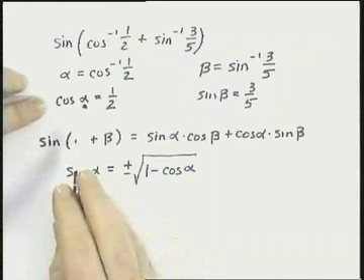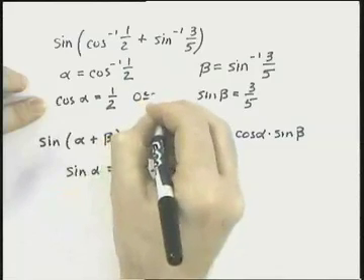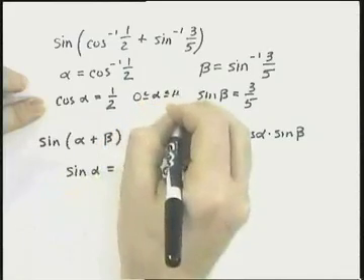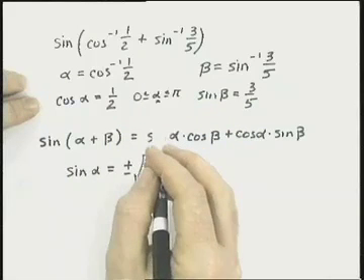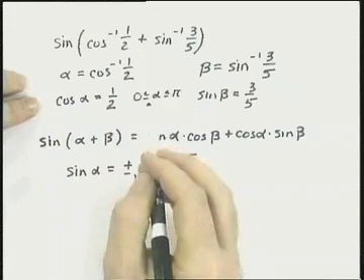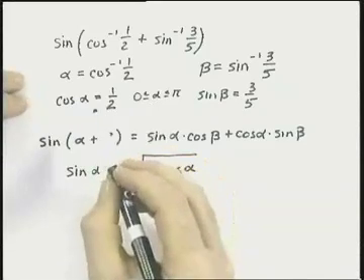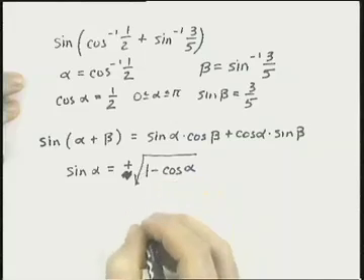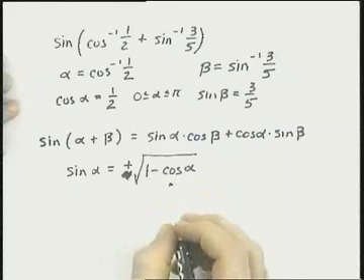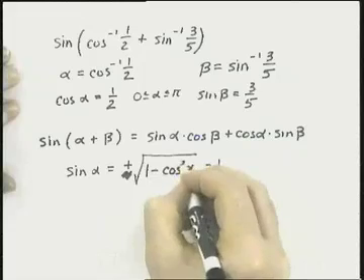When we made our domain restriction on the cosine function, we would say that alpha must be somewhere between 0 and pi inclusive. That is, alpha is either in the first quadrant or in the second quadrant. Because the cosine function is positive, we know alpha is in the first quadrant, and therefore I'm going to take the positive square root of 1 minus the cosine of alpha squared.